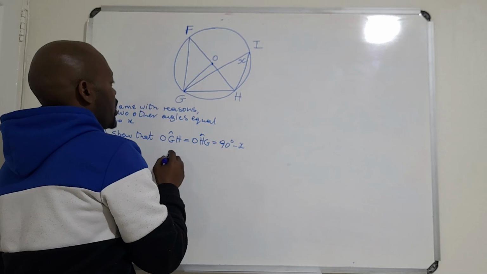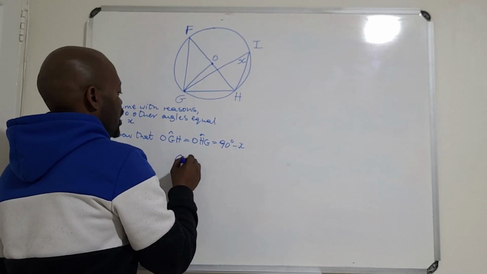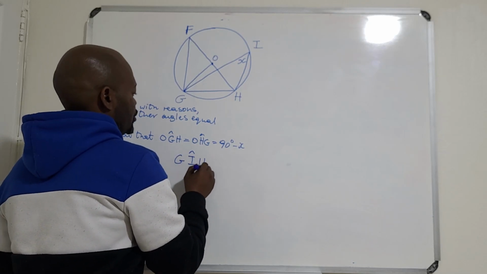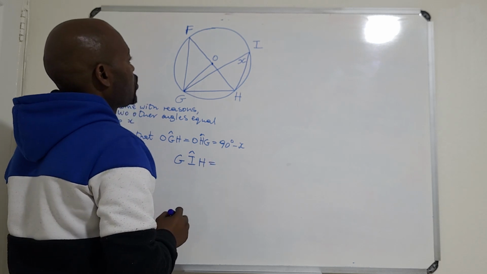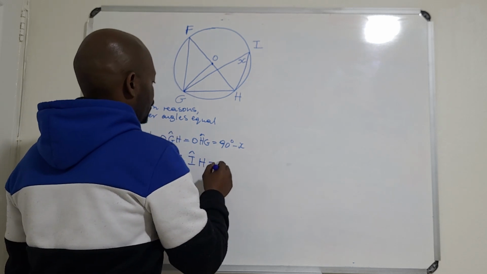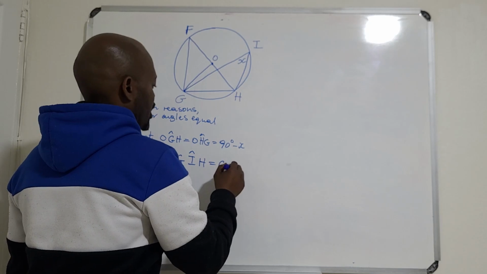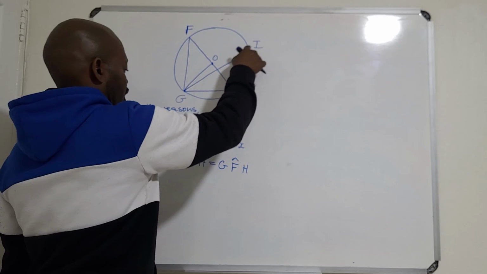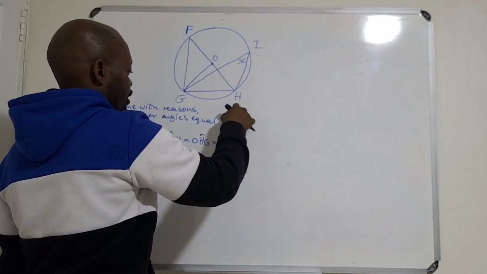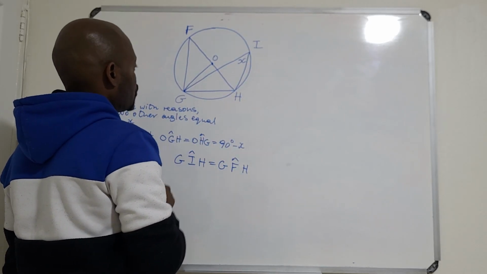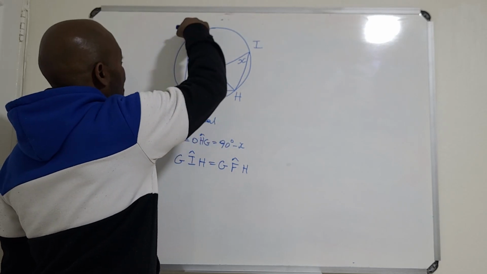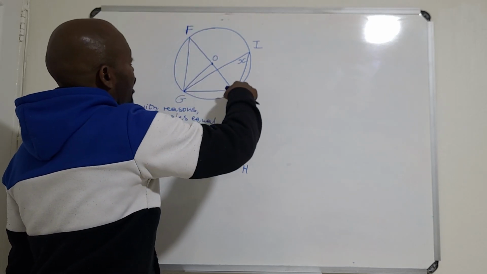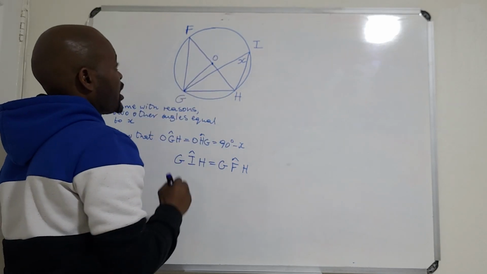Now, angle GIH is equal to angle GFH. So this angle is equal to that angle.